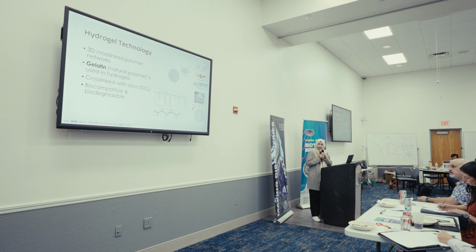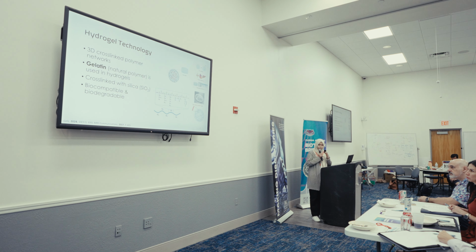To enhance its properties, it is cross-linked with silica as well, and silica can act as a carrier of bioactive ions and facilitates sustained release. It also has excellent biocompatibility and biodegradability, which is useful for medical use.